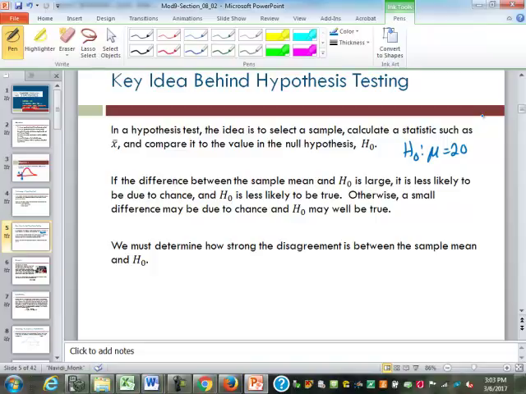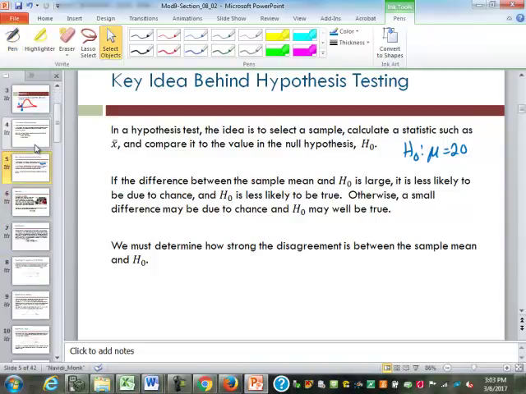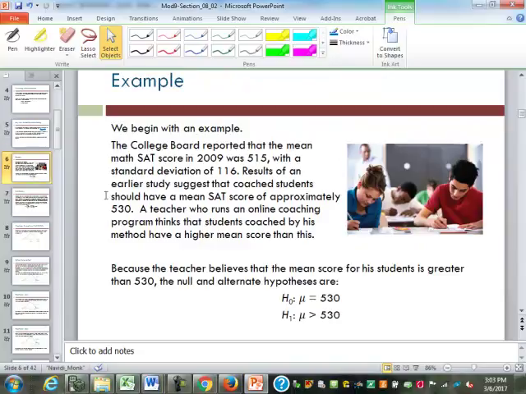The true mean really could be larger than that. So the whole idea of hypothesis testing is figuring out how big that difference has to be before the likelihood that it happened by random chance is so small that we say it must really be a flaw with the null hypothesis. So we're looking at how strong that disagreement is between the sample mean and the hypothesized mean.